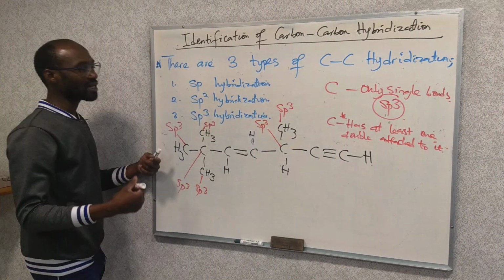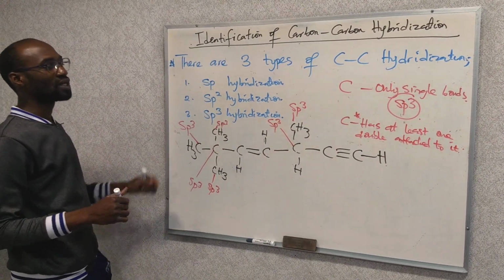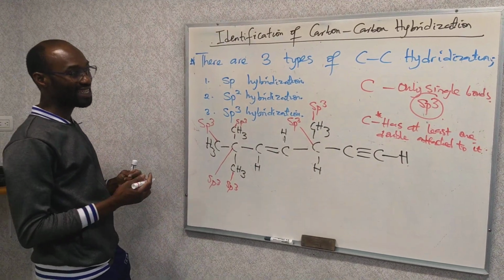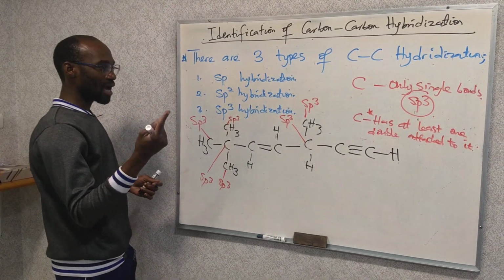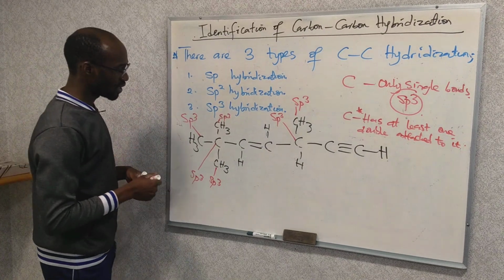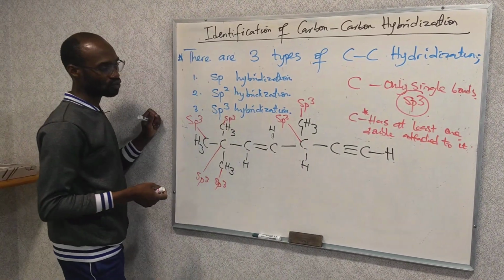Let's take a look at this. In order for a carbon to be sp2 hybridized, we must have at least 1 double bond attached to the carbon and no triple bonds. Look at this. This is a triple bond. It cannot be sp2.